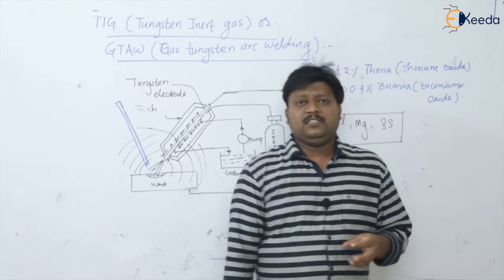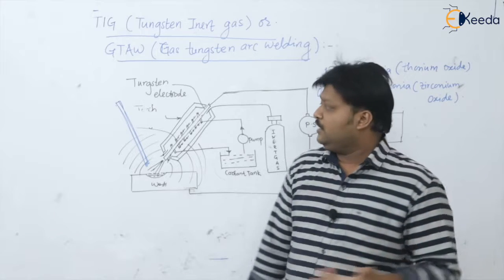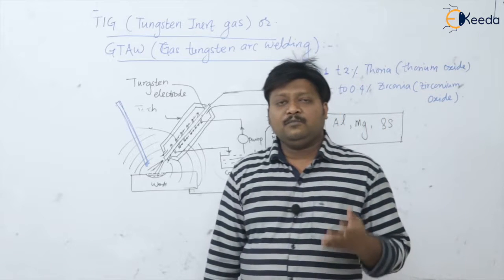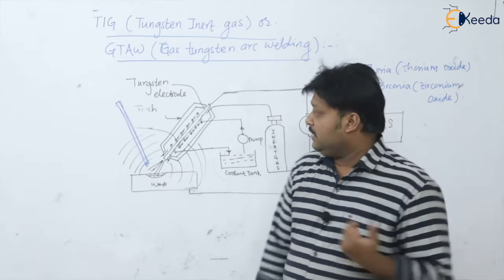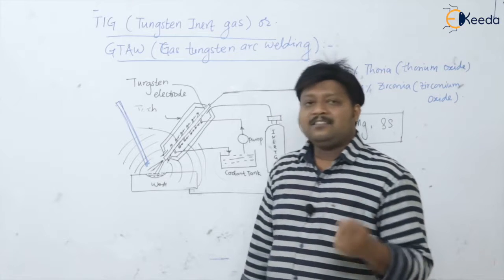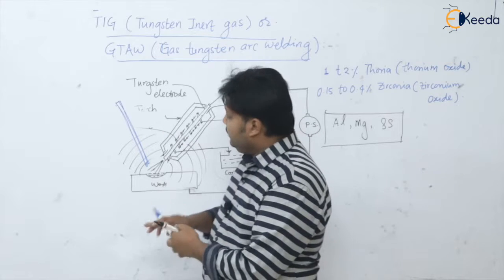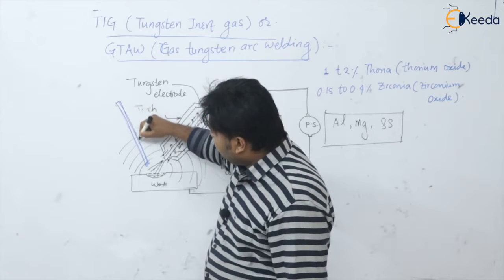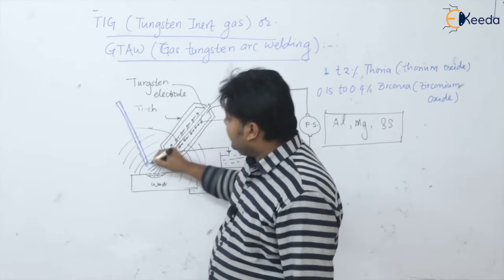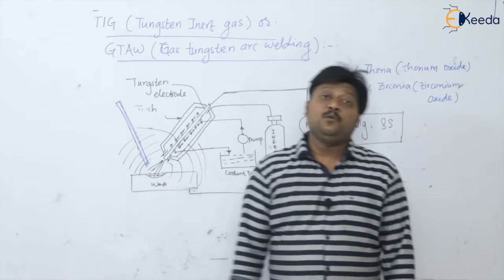But the basic thing is that whenever you use the filler rod in the TIG welding process, you will clean that filler rod before using it. But there are some air particles or small dust present on the filler rod, which will be carried through the filler rod and enter the weld.